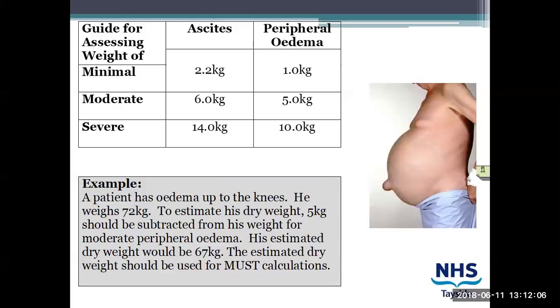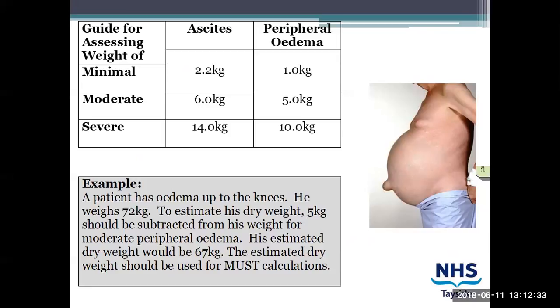Minimal edema would be up to someone's ankles, moderate edema would be up to someone's knees, and severe would be up to their waist. These numbers are an estimate: 1 kilogram for up to their ankles, 5 kilograms up to their knees, and up to their waist, about 10 kilograms.